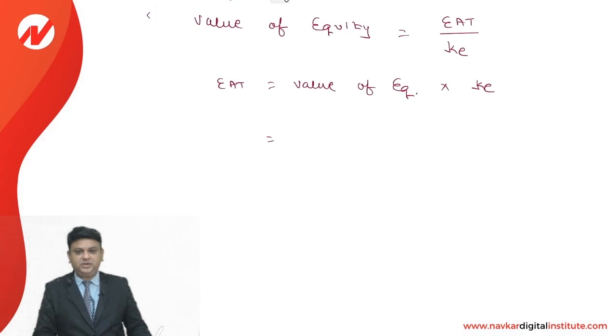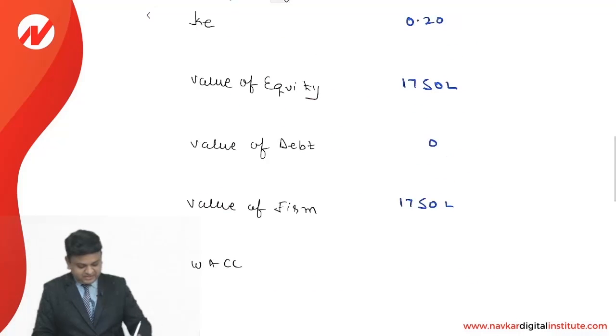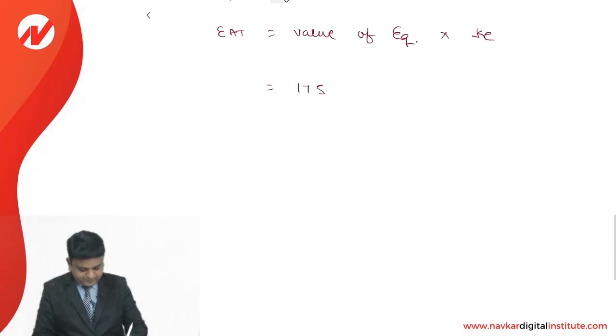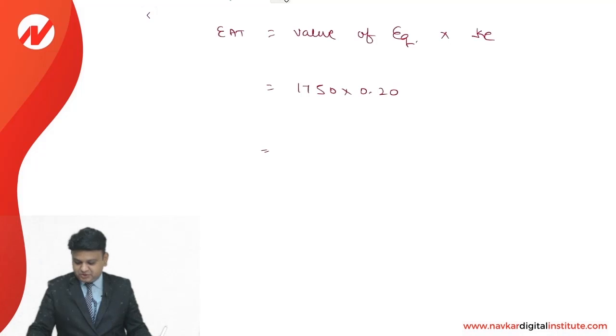What is value of equity? 1750 lakhs. What is cost of equity? 20%. That is the way we make the computation of answer 350 lakhs.